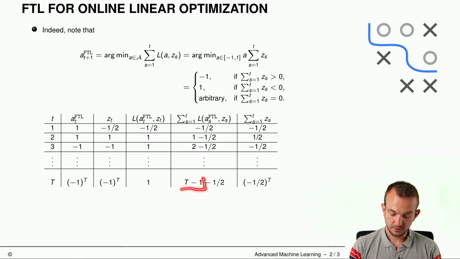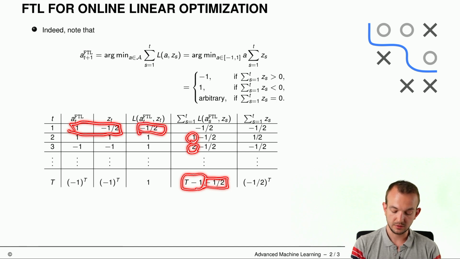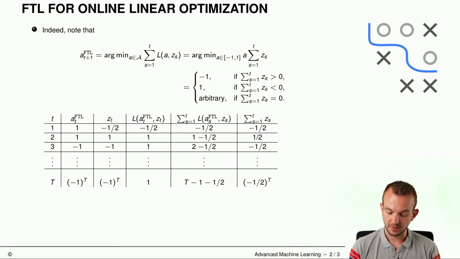And well, when we are in time step capital T, we are adding up then t minus 1 once here to the very first optimal action in the first time step, where we had this linear loss of -1/2, and for sake of completeness, the sum over the environmental data points will be -1/2 to the power of t.